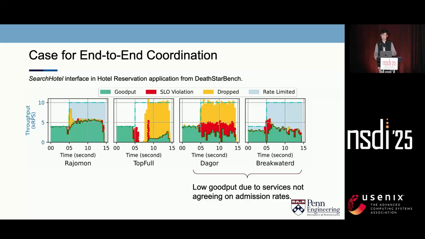What does that mean? You could suffer from low throughput if you don't have the services agreeing on the admission rate. They actively shed load, but they don't agree on the final load that they would serve. Whereas Rajomon actually has this coordination on the throughput.